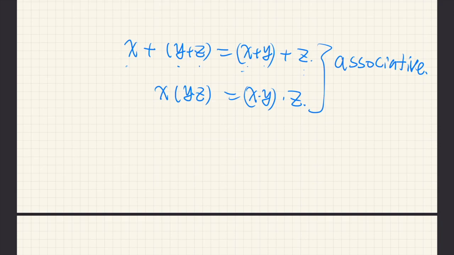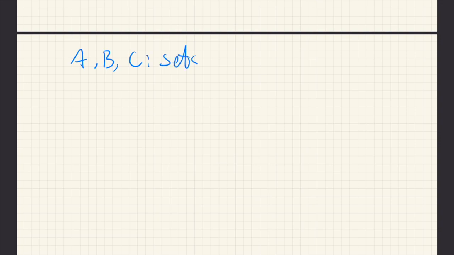And a similar property also holds for set operations, that is union and intersection. These set operations are also associative. So let A, B, C be sets.